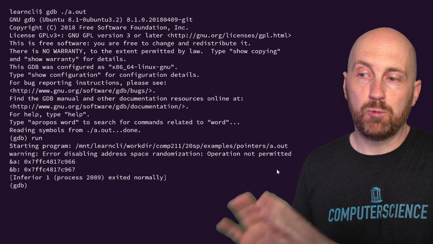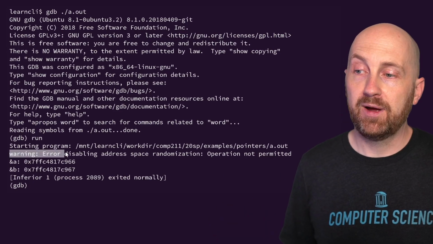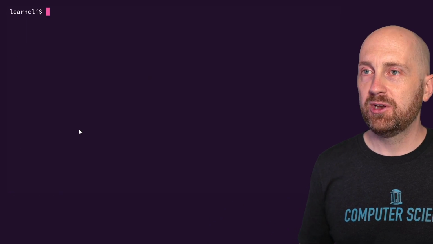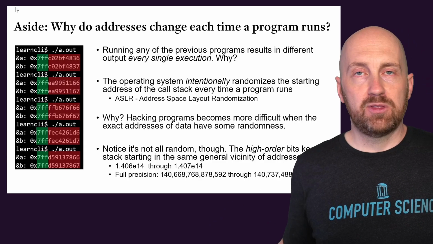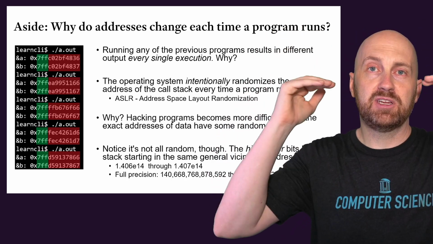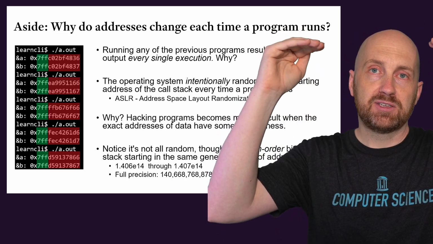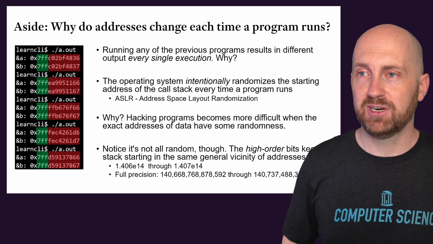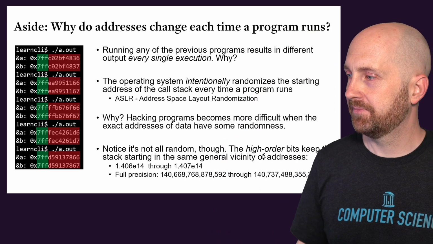But this gives you a sense of why that warning will show up, and what it's actually talking about is this idea that when your program runs, the computer and your operating system more specifically is choosing at random some memory address to say, okay, this is the start of where the call stack will be, for example. All right.